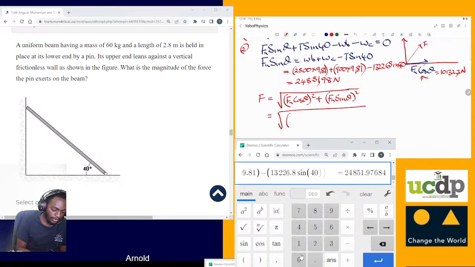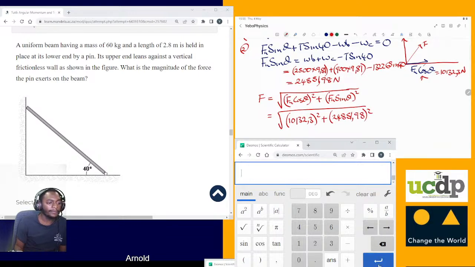Value for Fh cos theta is 10,132.3 squared plus 4,851.98 all squared.